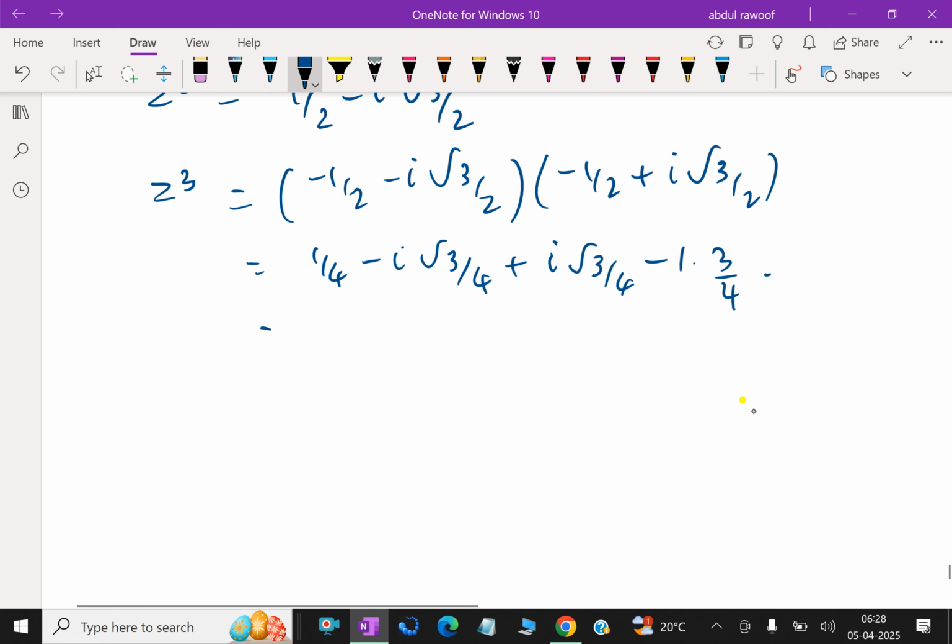Look at here, the real part is half minus root 3 over 4, and the imaginary parts cancel.